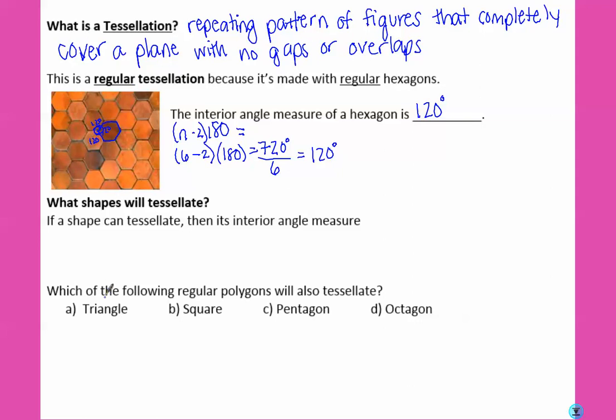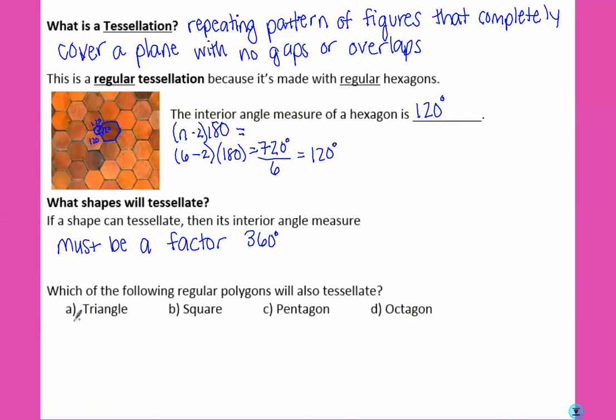So, in order to know what shapes will tessellate, the interior angle measure must be a factor of 360 degrees. Meaning 360 degrees divided by the interior angle will come out to be a whole number. So let's see if the following regular polygons would tessellate.